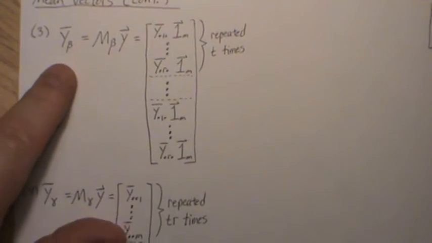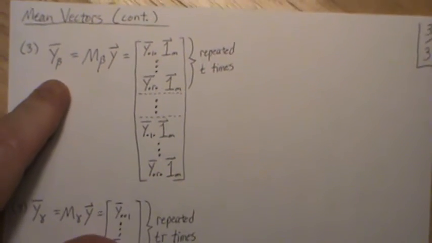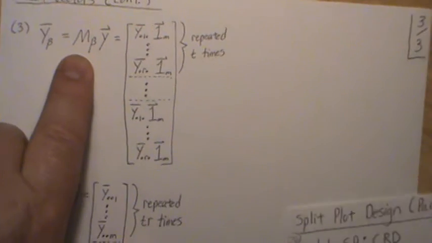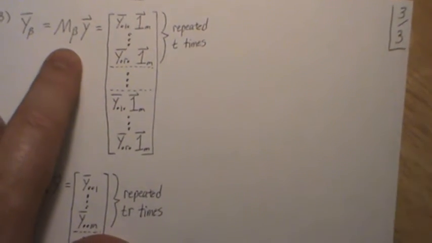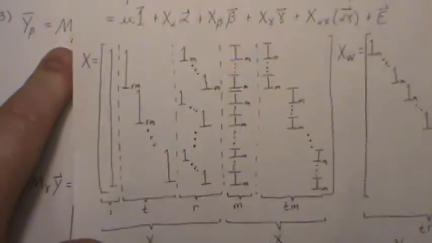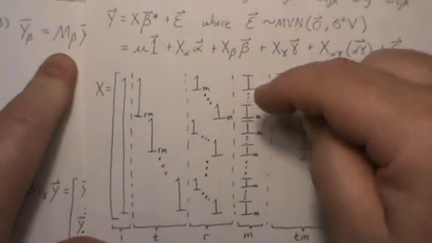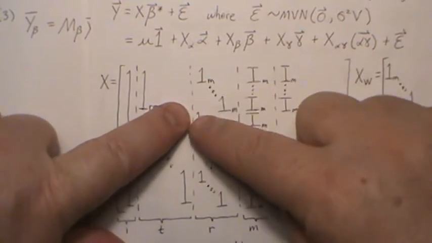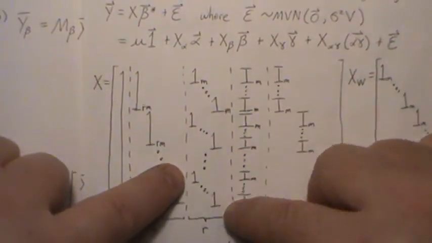The y beta bar, so the mean for beta, is M beta times y. So M beta projects it into the column space of X beta. And if we look at that, which is here, we're going to have multiples here, but then it's going to repeat. It's going to be the same, and then it's going to repeat that.